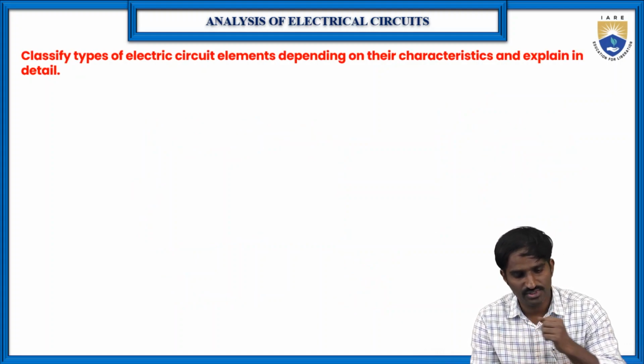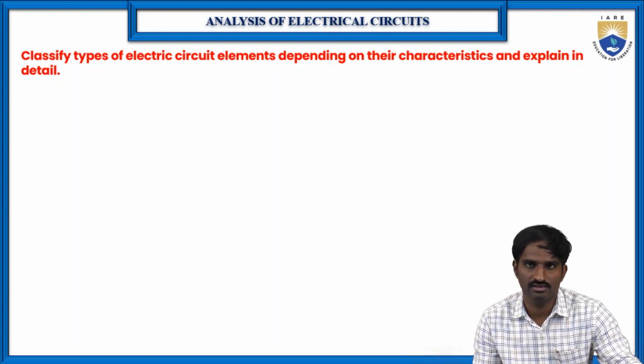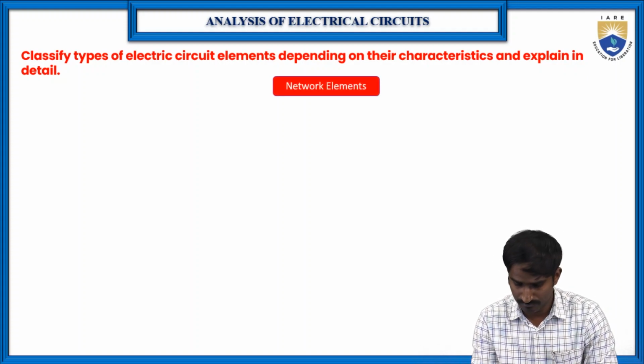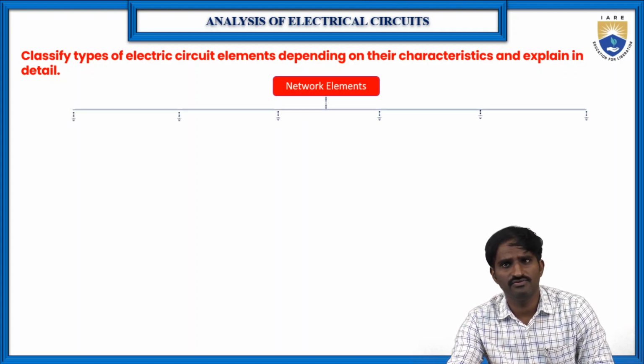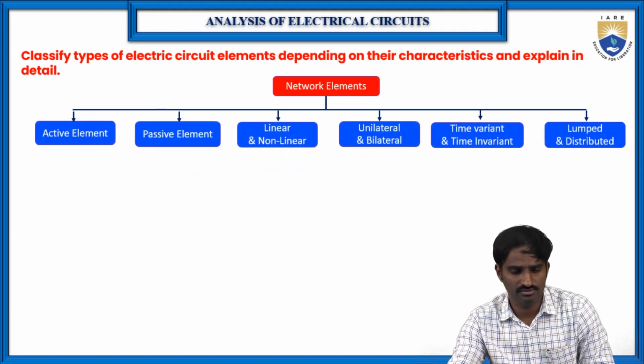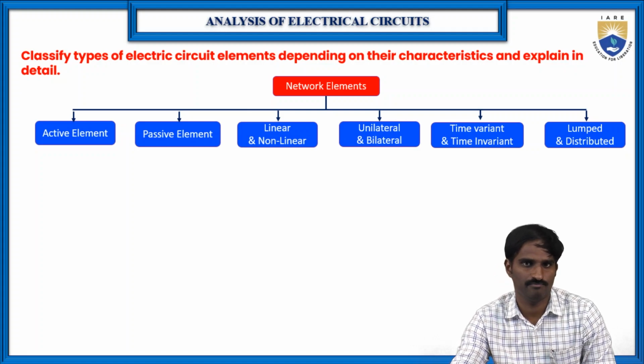Then classify the types of electrical circuit elements depending on their characteristics and explain in detail. So for that, basically the network elements are classified into various types. Okay, so which is active elements, passive elements, linear and non-linear, unilateral, bilateral, time variant and time invariant, lumped and distributed.